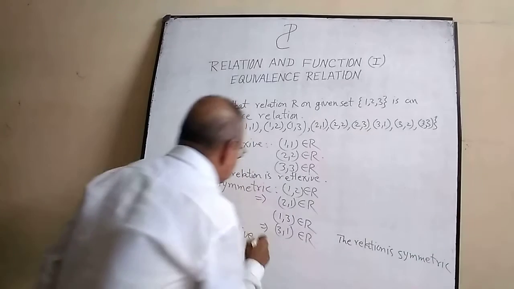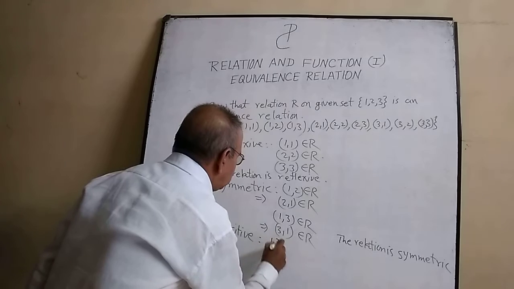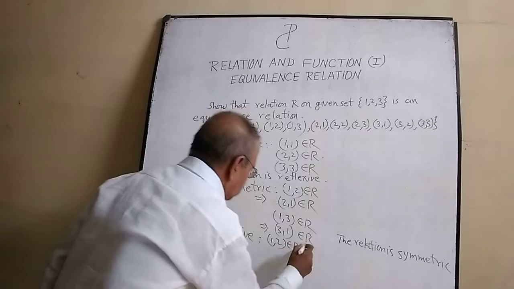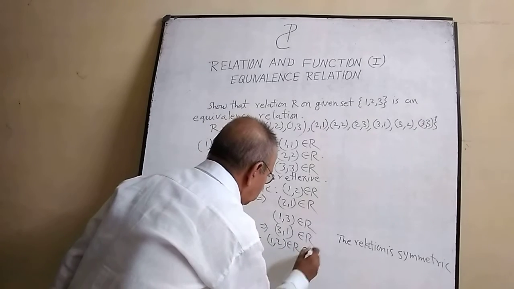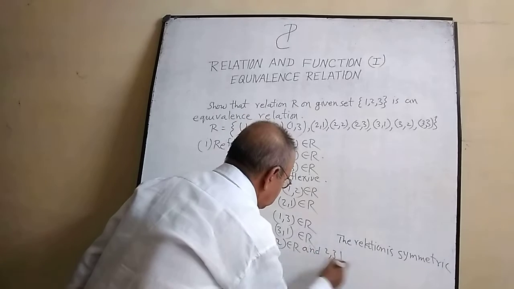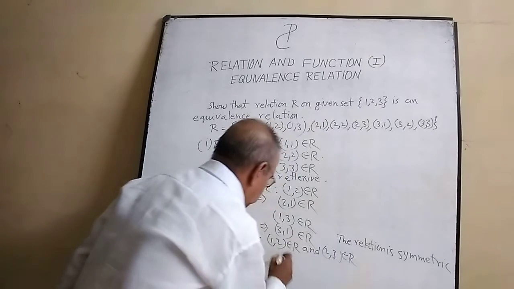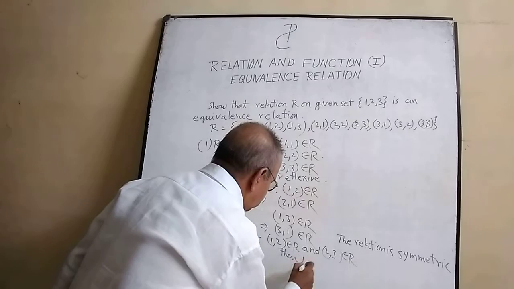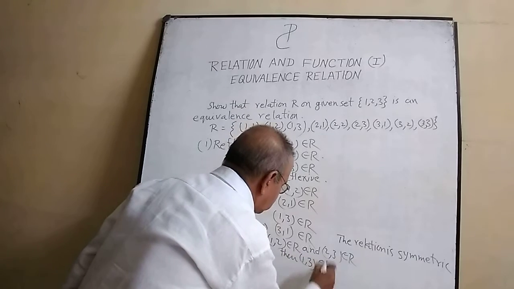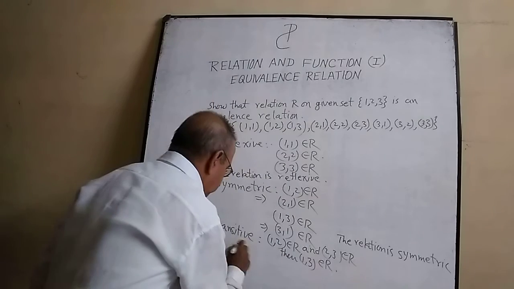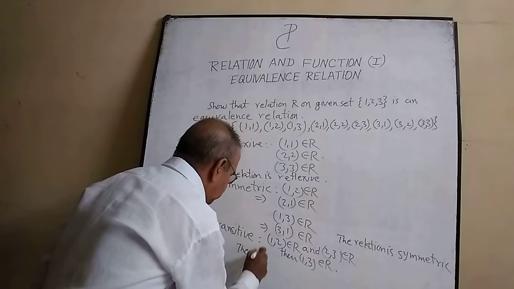In the third case, transitive, if (1,2) belongs to R and (2,3) belongs to R, then (1,3) also belongs to R. The relation is transitive.